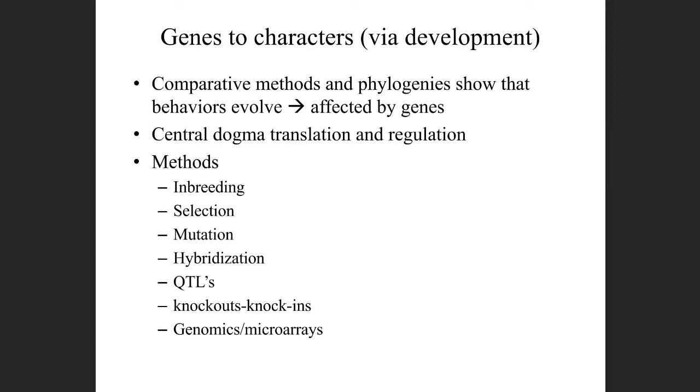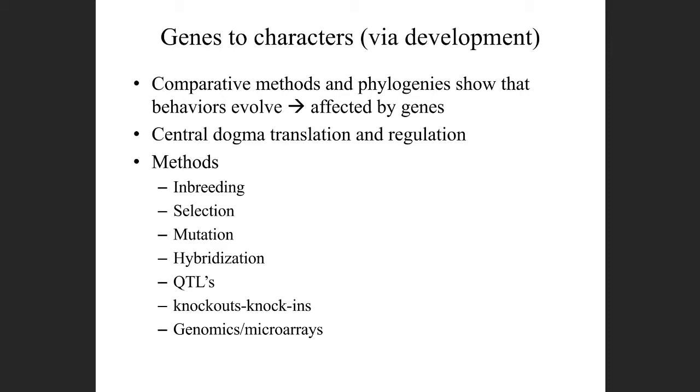Okay, and then I'm going to go through a lot of the examples that were found in the Jacob and Goodenough book's chapter, although sometimes some different ones, to look at the different methods for studying the effects of genes on behavior: inbreeding and inbred lines, selection, induction of mutation.